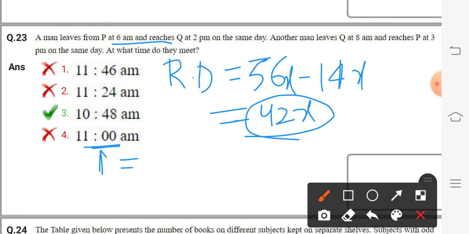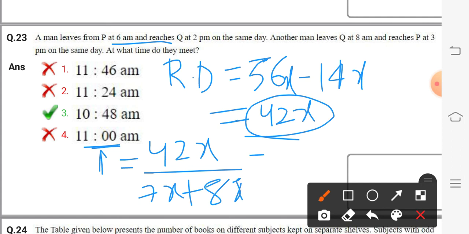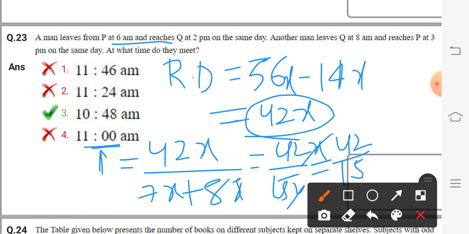Time is equal to total distance, here 42x, and relative speed of first person and second person. First person speed is 7x, second person speed is 5x. So 42x by 15x. X cancels. This is 42 by 15 hours is the time.